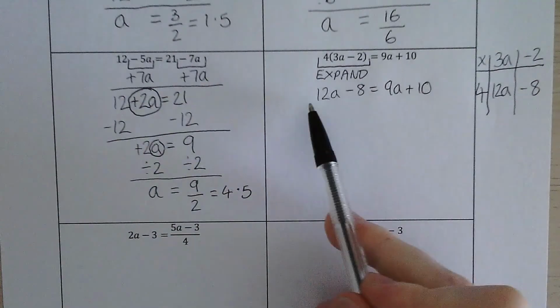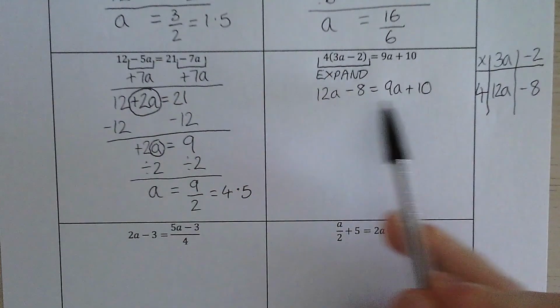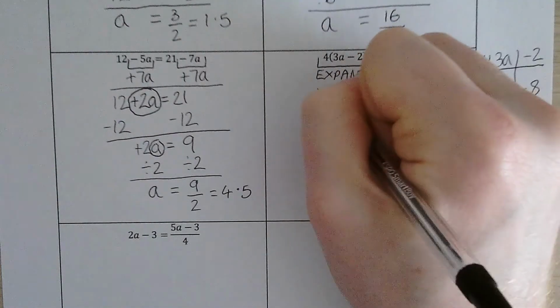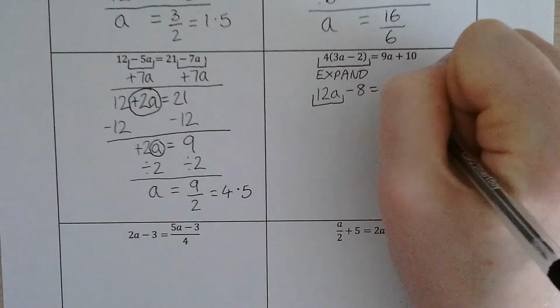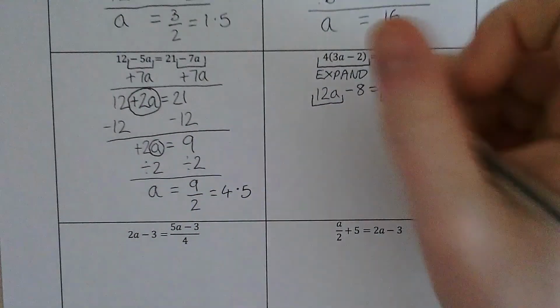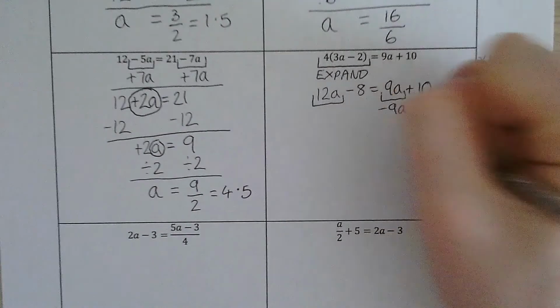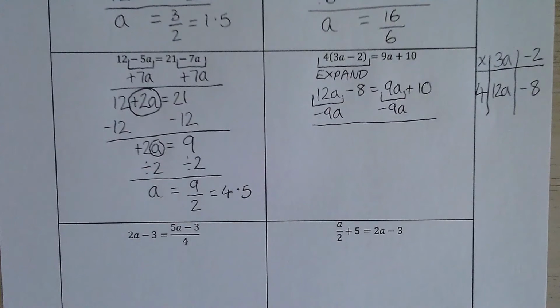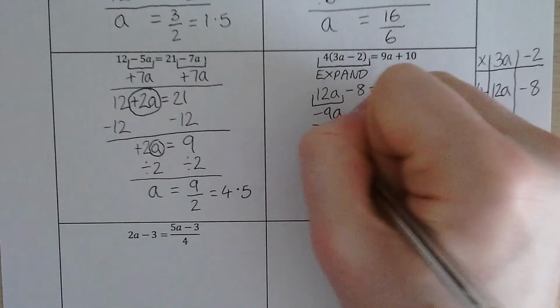We now have an equation that we've been looking at today. So we have 2 terms that contain the variable, so we need to decide out of these terms which term is the smallest, and then we undo that operation. 9a is smaller than 12a, so we will subtract 9a from both sides. 12a take away 9a is 3a.